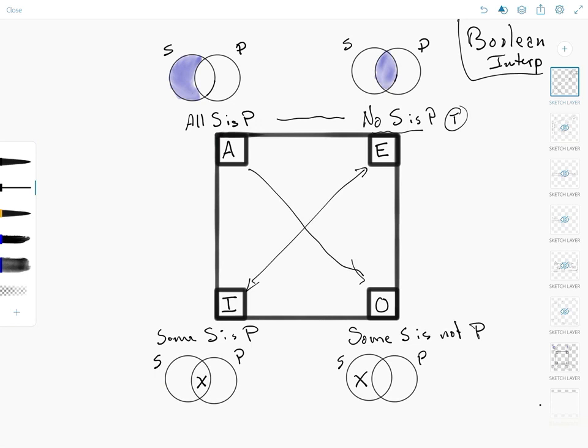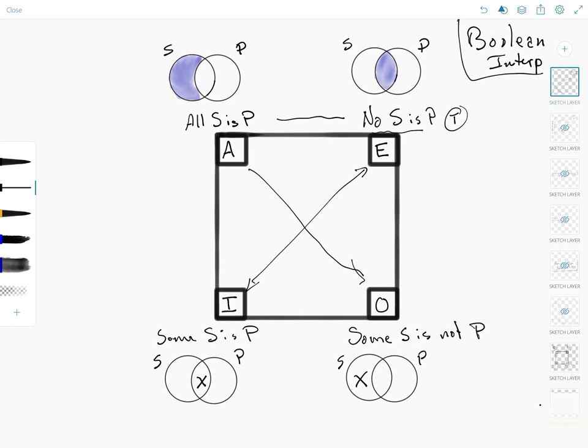So think about why they can't both be true. Well, on the Aristotelian interpretation, they can't both be true for the simple reason that if they were both true, where would the shading be? There would be shading across the entire region of S, which means there would be no S's, which contradicts the Aristotelian interpretation of existence, right?